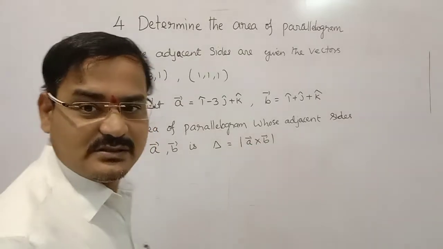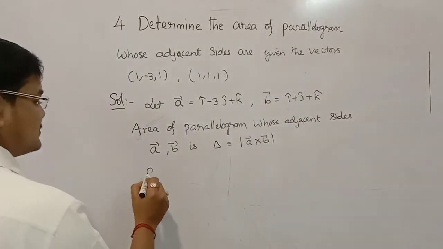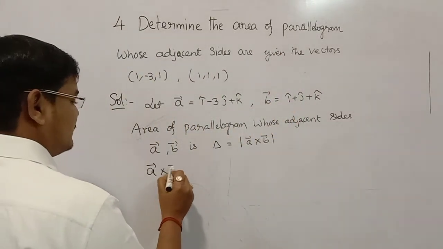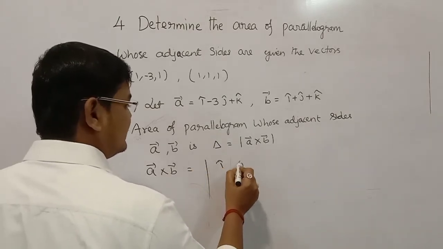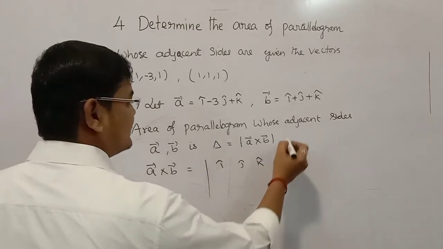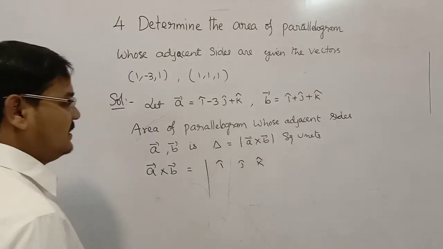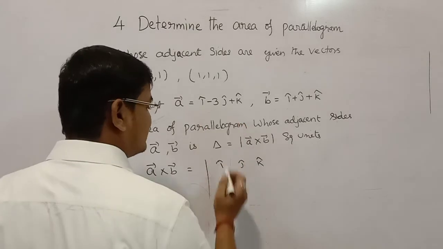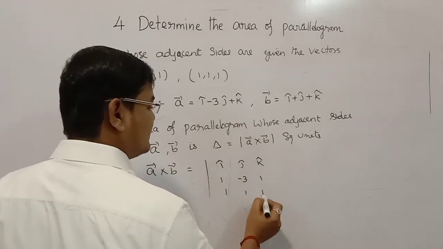For that purpose, you first need to find A bar cross B bar. So A bar cross B bar is equal to the determinant of I bar, J bar, K bar, 1, minus 3, 1, 1, 1, 1. You need to write the units also, square units, because it is area.